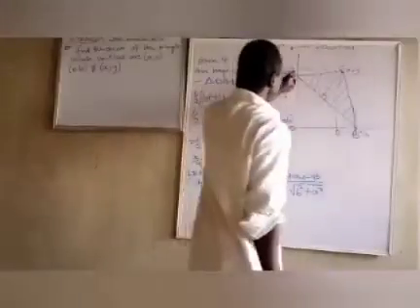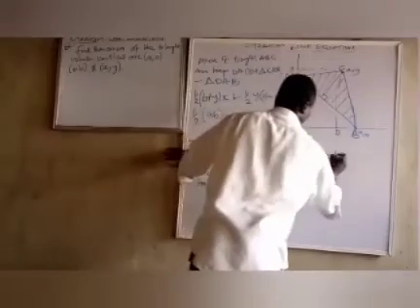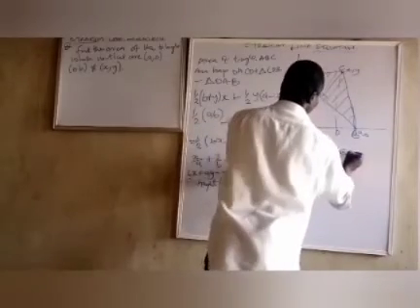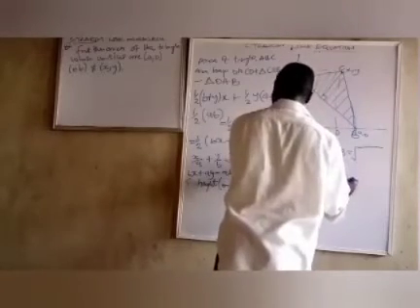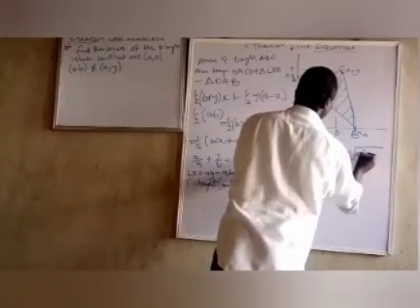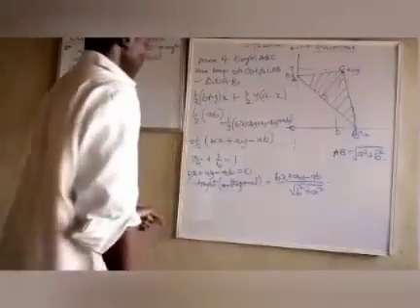Now, the distance from here to here, the distance ab, will be equal to the square root of a squared plus b squared.